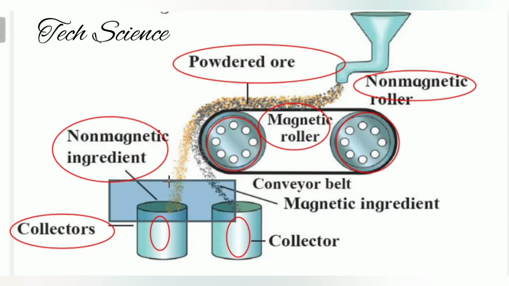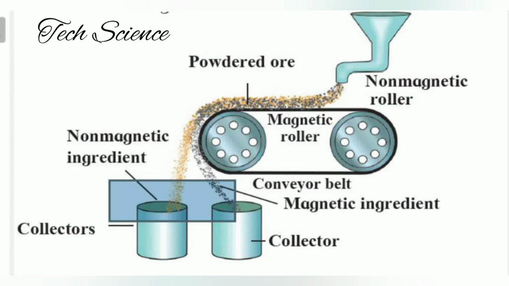The gangue particles, which are non-magnetic in nature, are collected in the first collector, and the magnetic ingredients are collected in the second collector. This is the technique behind separating the things present in a powdered ore: one is magnetic and the second is non-magnetic.